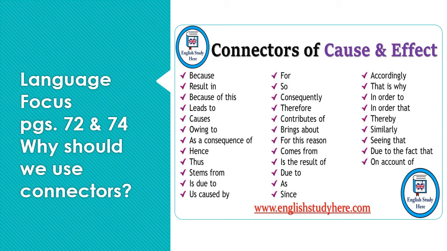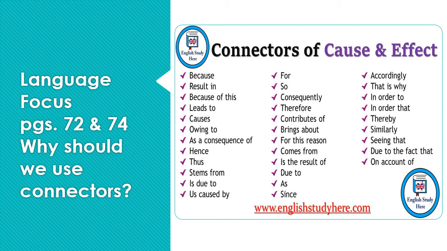Consequently, another very good one. As a consequence, this happened. As a result is very obvious. And there are some others on the chart. Result in. Of course, we have therefore and consequently, and many others like as a consequence of.